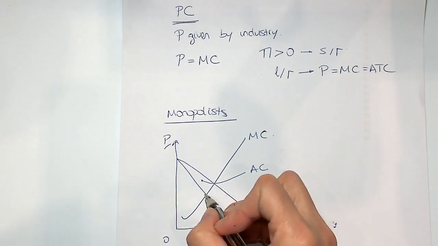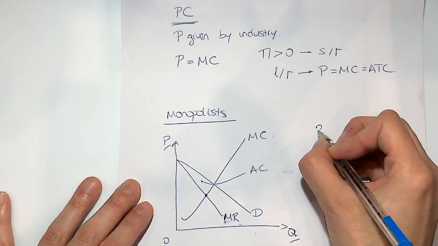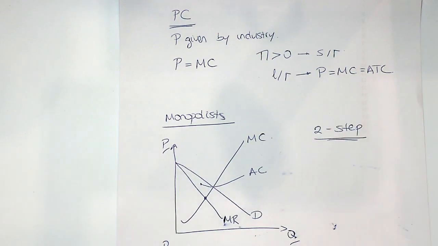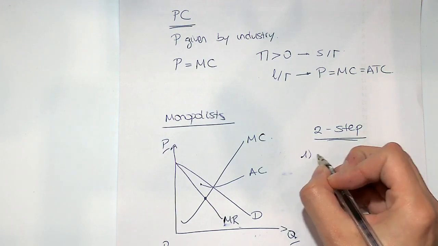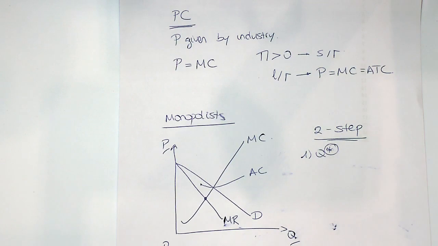So now for the monopolist, the profit maximization problem is a two-step process because the price is not given. So they actually have to decide on both the price and the quantity. The first step is to calculate the optimum output, which is what we are calling Q star.